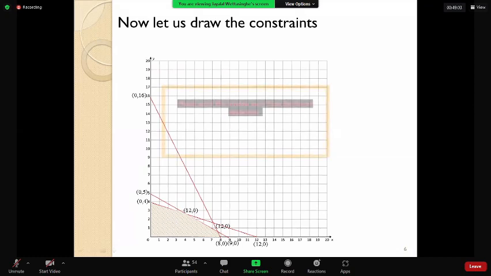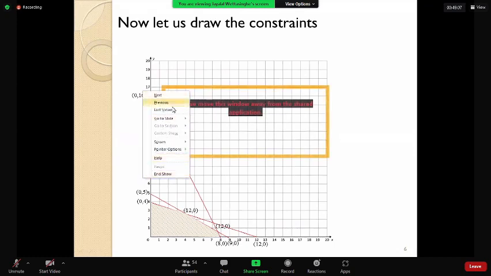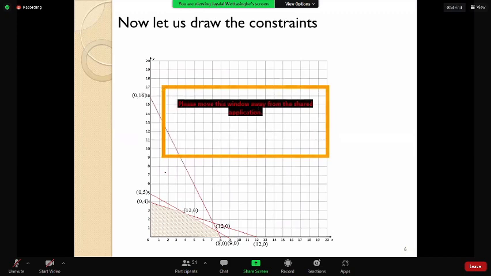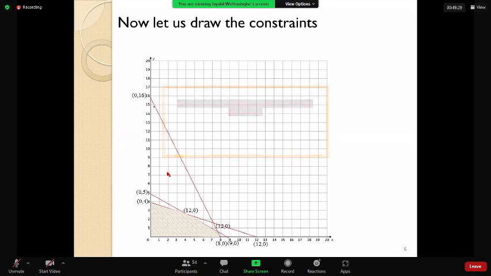On the other hand, let's say, for example, I take some point from this area. Then what will happen? This point is covered only by this inequality.